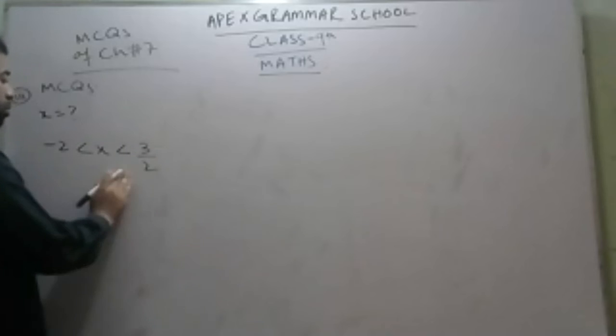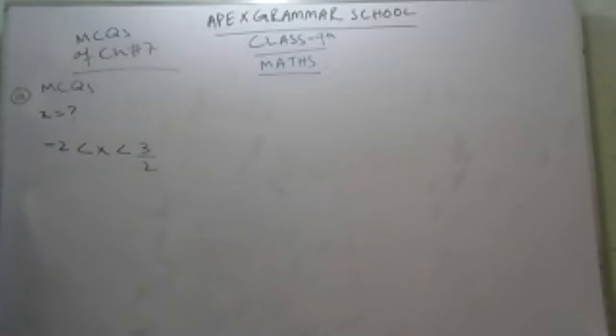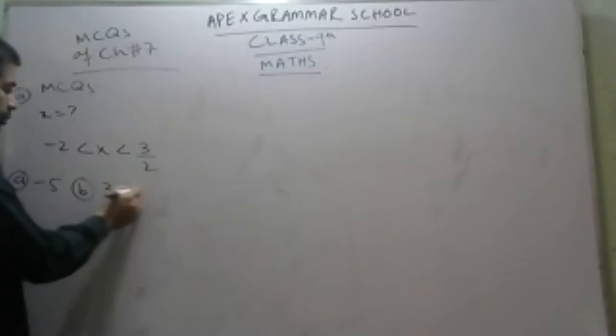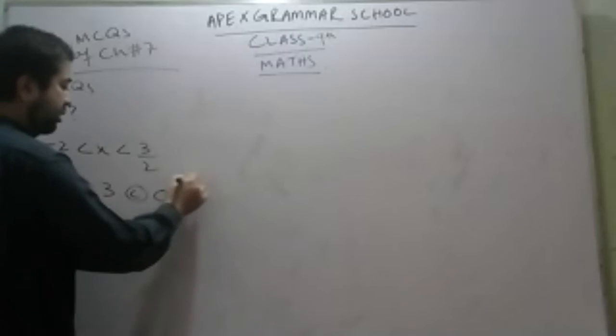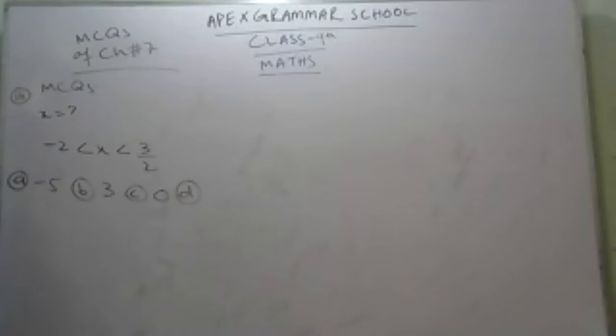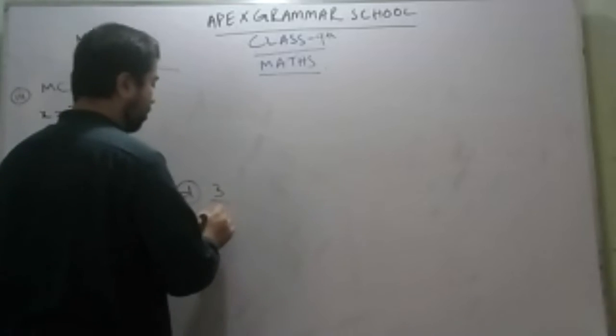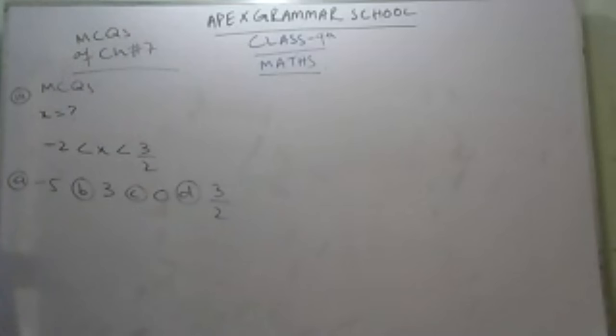Now we have four options to judge it. First is minus 5, second is 3, C is 0 and D is 3 by 2. From these four options, only one option is correct.